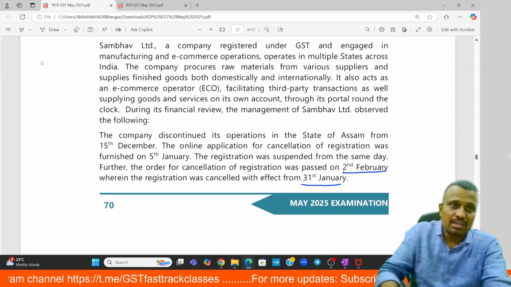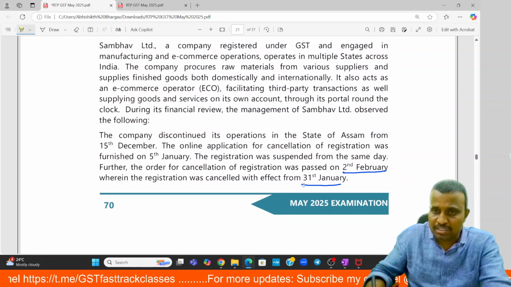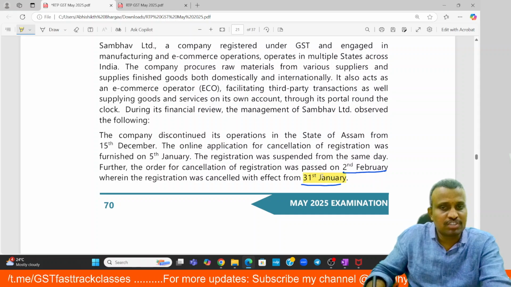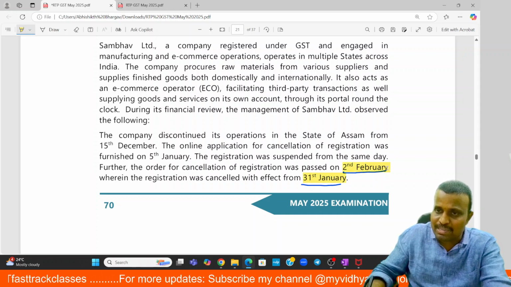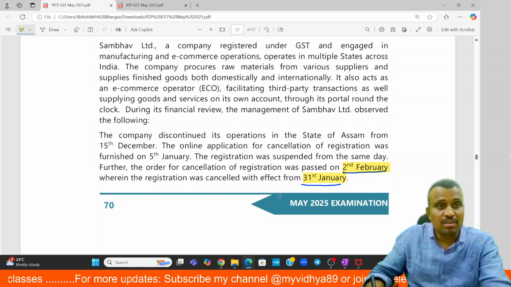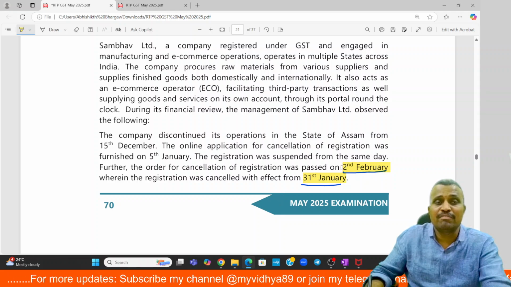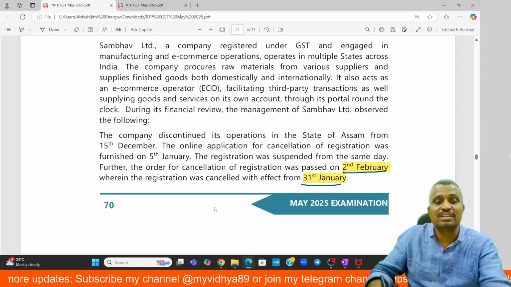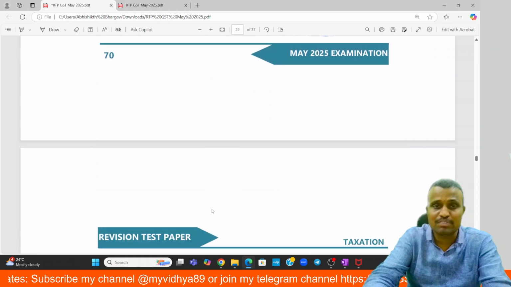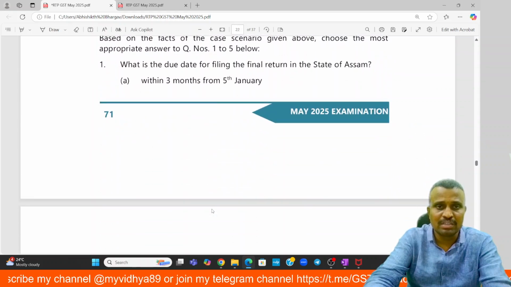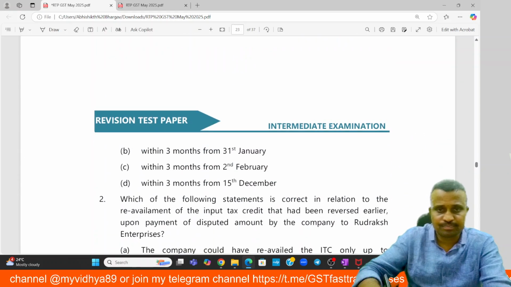Here, the cancellation was effective from 31st January and the order has been passed on 2nd February. So from 2nd February, within 3 months, we have to file the final return. Then the answer is C.